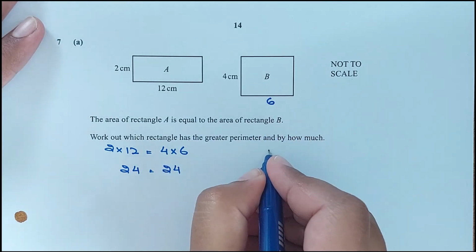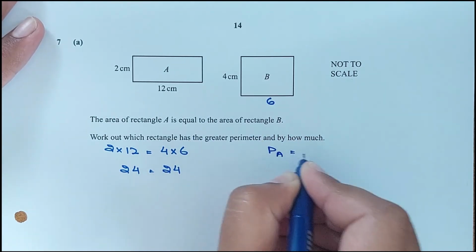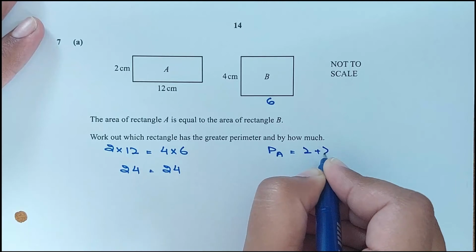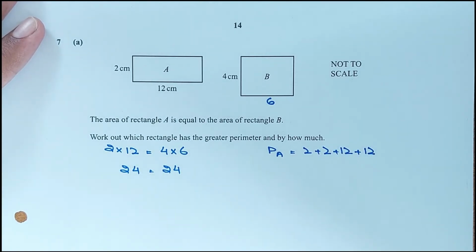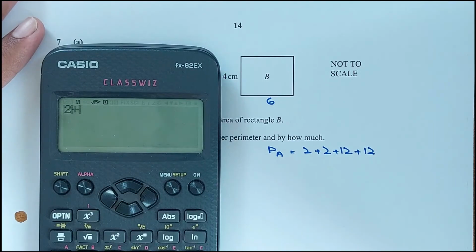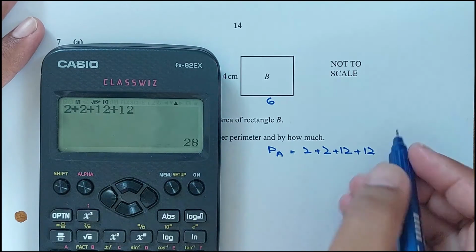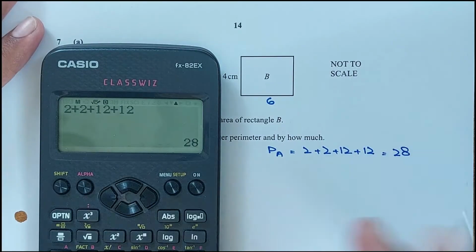Let me find the perimeter of A. Perimeter of A is 2 plus 2 plus 12 plus 12, which is 28, right?